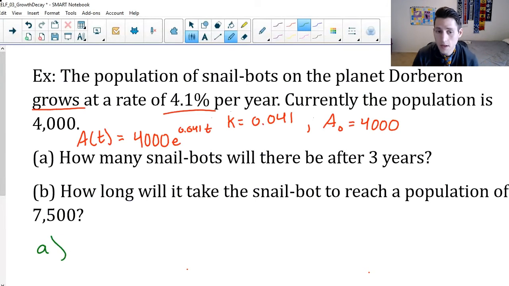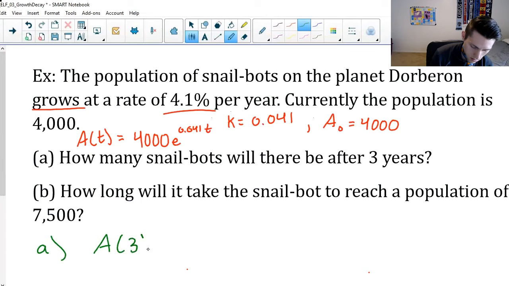So part A, how many snail bots will there be after 3 years? I'm just going to plug in 3.